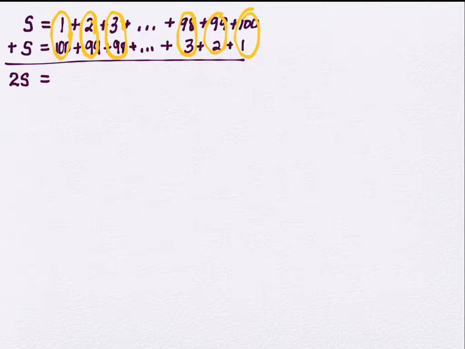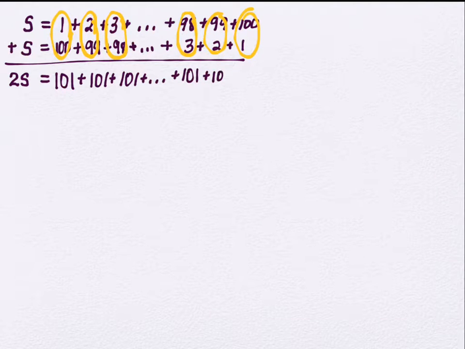Yeah. They're all, in this case, because of these numbers, 101. So we have a bunch of 101s. Now that's twice as much as we started with, agreed? Because we added the numbers to themselves, basically, in reverse order, but we've got twice as much as we started with. That's why there's 2S on the left.